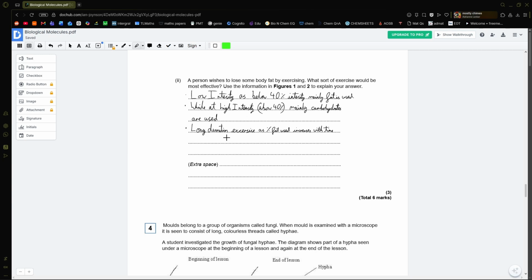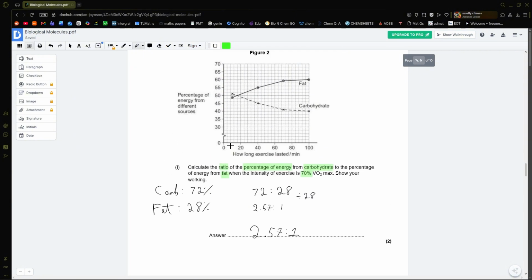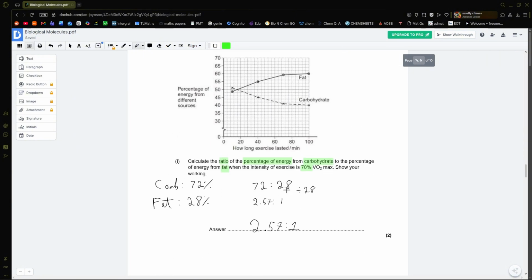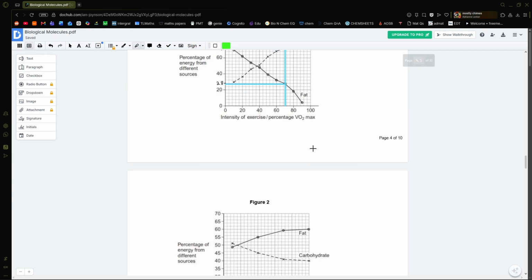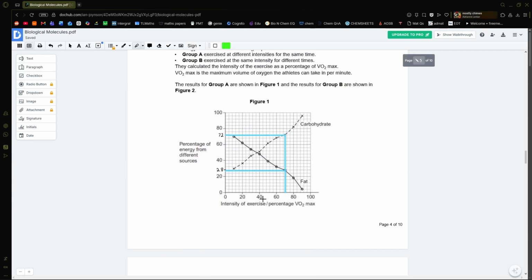So then we go on to this graph. How long should they exercise for? If they exercise for a long amount of time, 60% of the energy they're using is from fat. So we want them to do a long exercise to burn the most fat, and a low intensity to use the most fat as well.